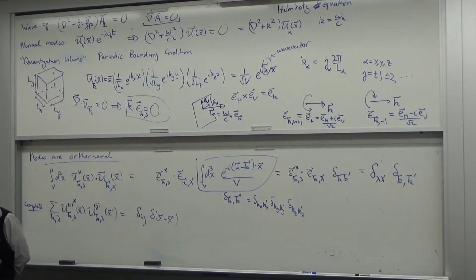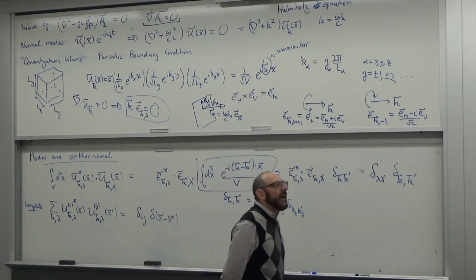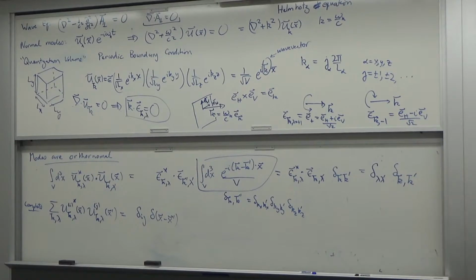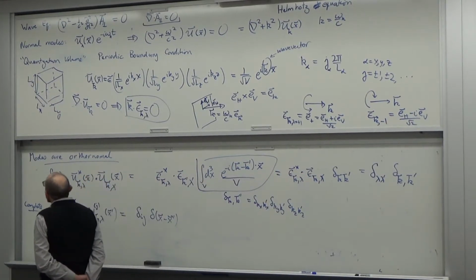Now, it's kind of tricky. This isn't actually true. Why aren't these actually a complete set of vector fields for all possible vector fields in the quantization volume? Why is this? Why? Yeah. You've lost any component frequency lower than, it's not about the frequency.